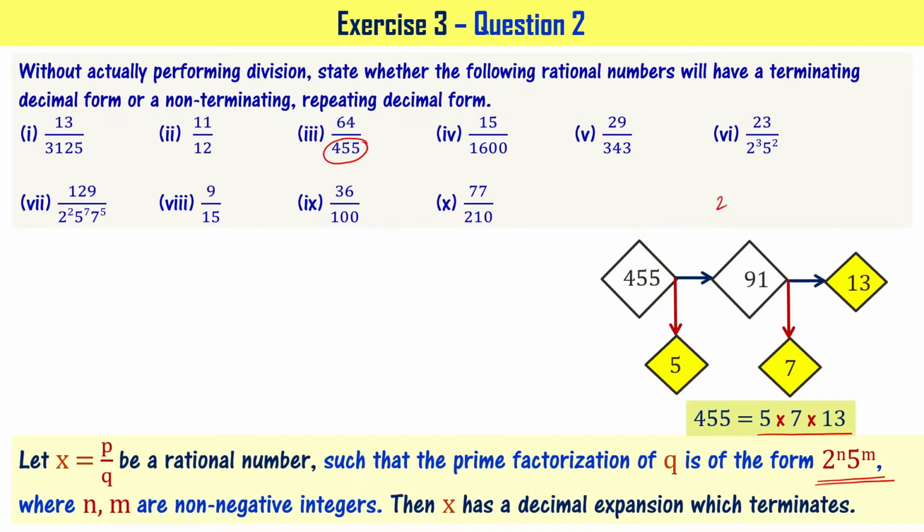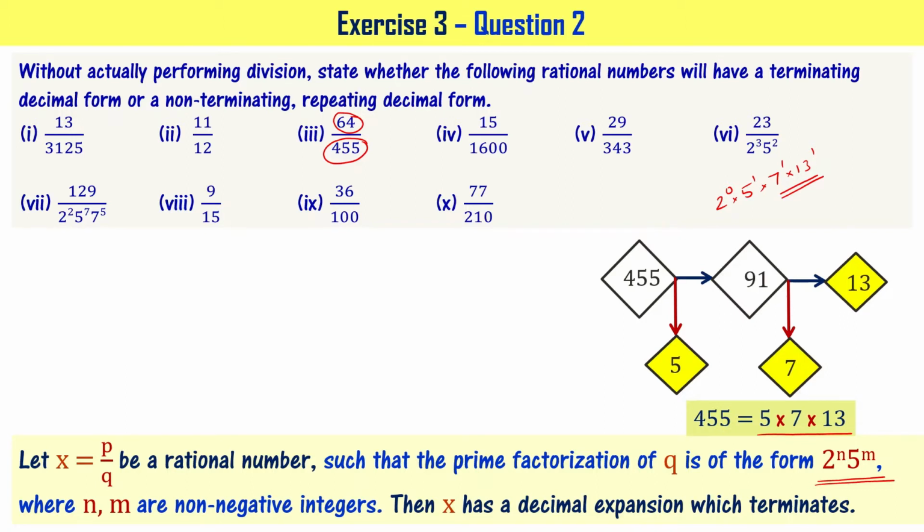I can say that 2 power 0 is there times 5 power 1 is there, but we have 7 power 1 and 13 power 1 also, right? 7 times 13 is something extra you have in the denominator. It cannot be cancelled with 64, right? Because 64 does not have either 7 or 13 as factors.